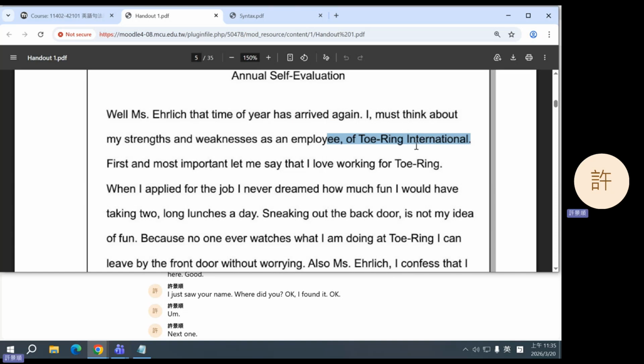Okay, so there is a problem with commas, but it's not here. Good. An employee of. You don't need a comma here.